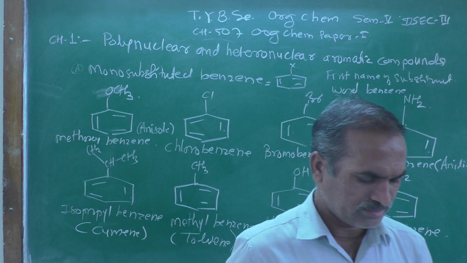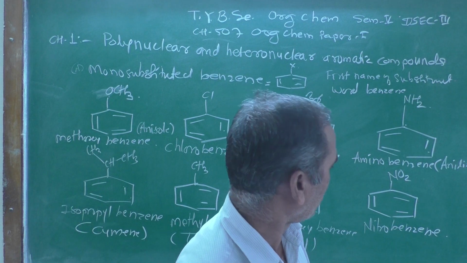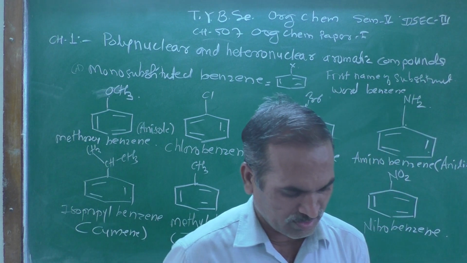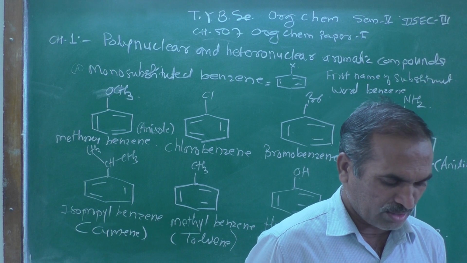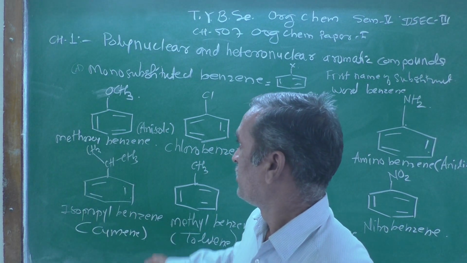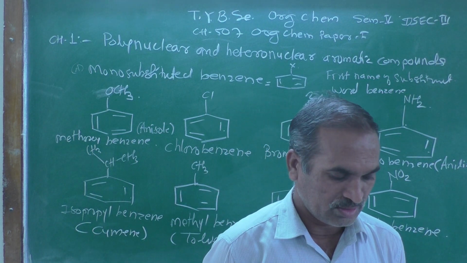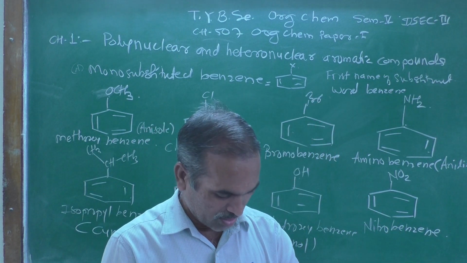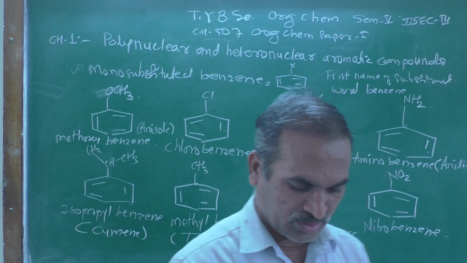So these are the names we have seen. Some of the monosubstituted benzene derivatives are known by their common names. Just now we have seen some of the compounds which are known by their common names.